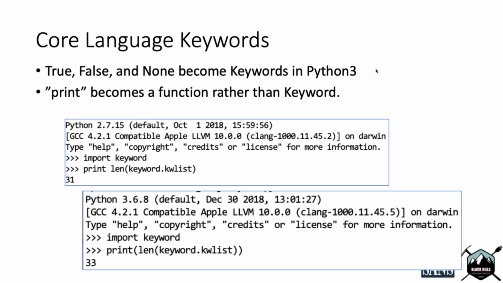Python 3 changed the core language keyword set such that there are now 33 keywords instead of just 31 keywords. What does that mean to us? Well, really not a lot. The thing that actually changed is that the True and False and the None statements became keywords in Python 3, and prior they were not keywords. So not really a big deal there.